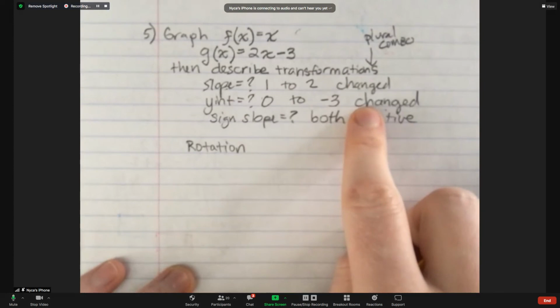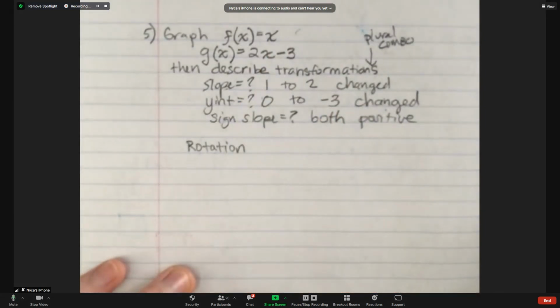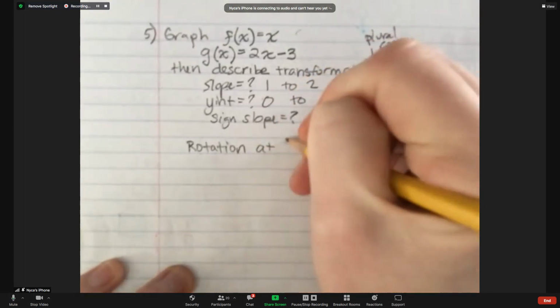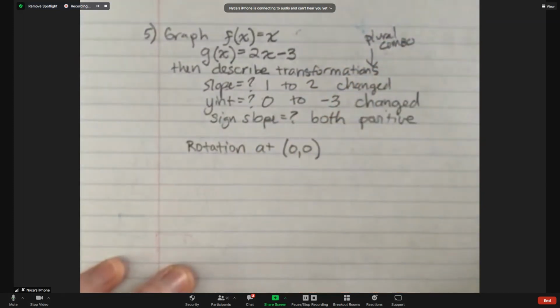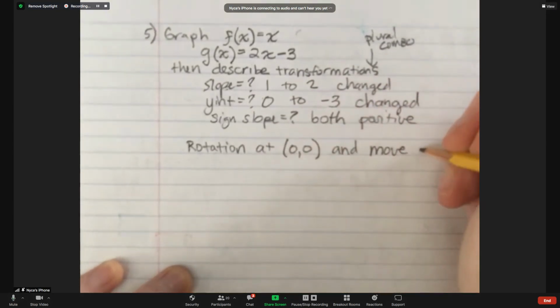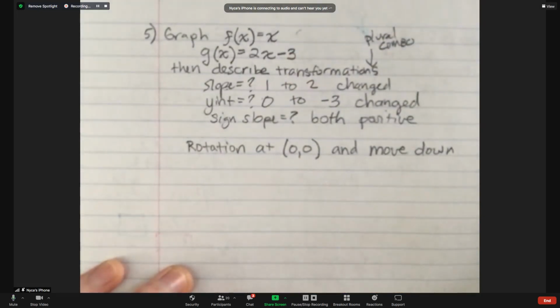The B's change, so we had to rotate it. How do you get from 0 to negative 3?